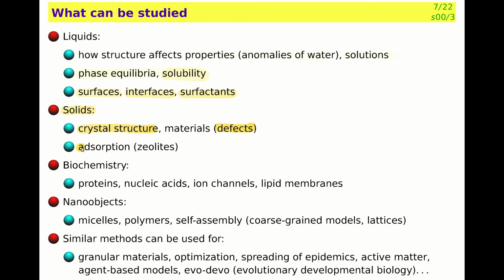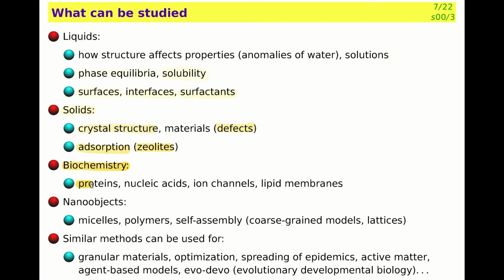We can study adsorption. Perhaps you have heard about zeolites. They are used as adsorption materials, as catalytic materials, for catalysis and so on. Another great field of simulations is biochemistry. I would say not a field, just a business, because it's very complicated.